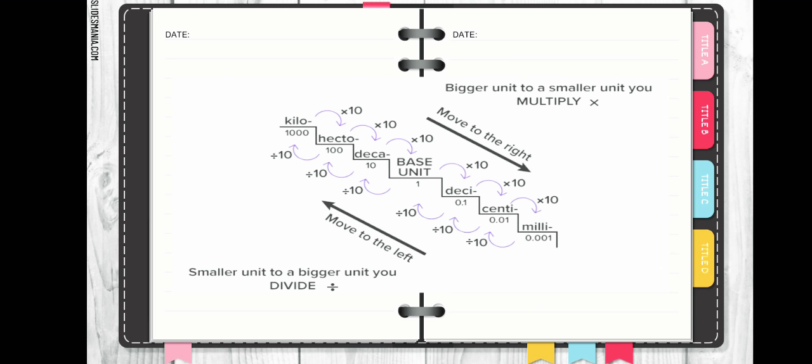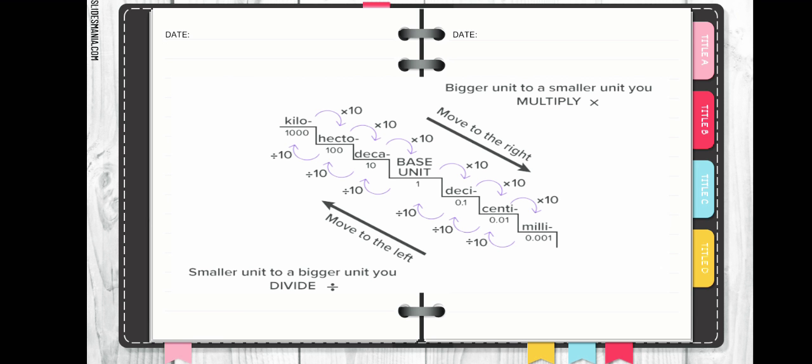So another way, which still comes from the factor label method but in a shortcut way, is memorization. You just need to remember the movement. So remember the bigger unit and the smaller unit.